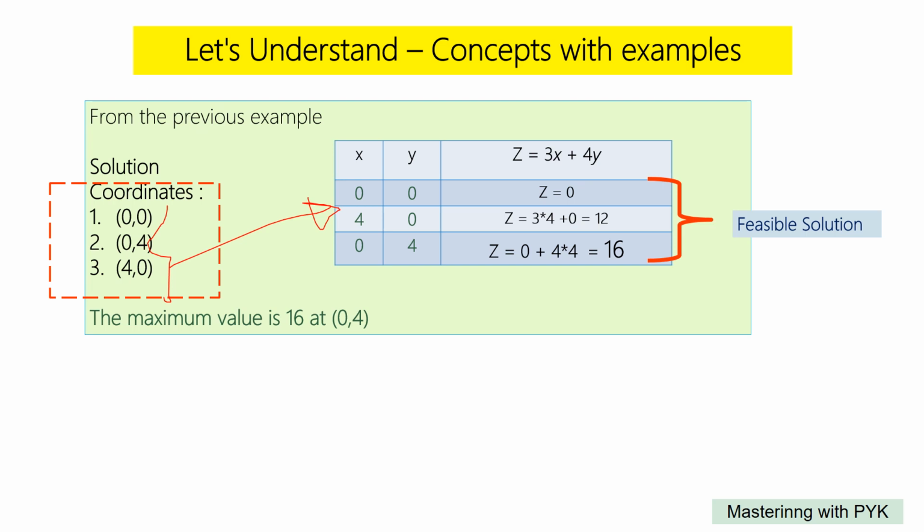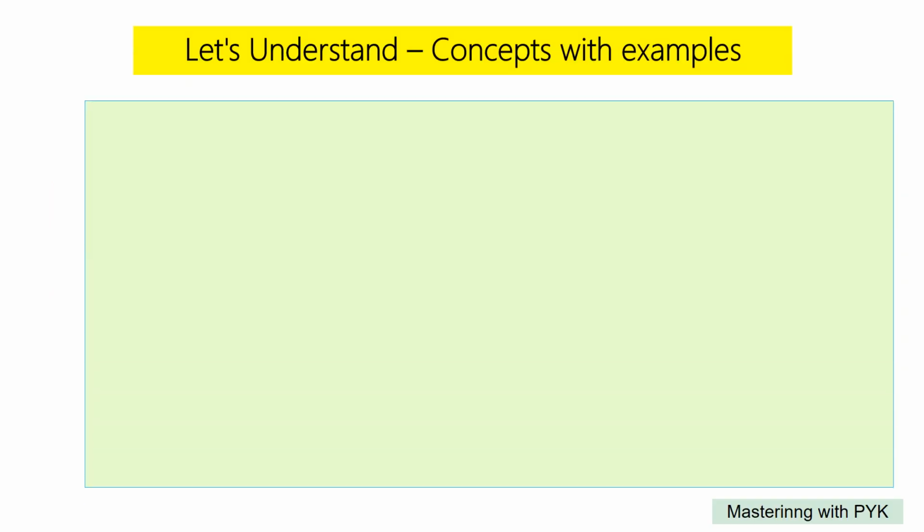Say it was maximum value, so it is 16 and the coordinates of the focus are 0, 4. This is known as optimum solution. Right? The solutions can be many. Feasible region would be arrived at, and then based on the feasible region, we will be having the optimum. Right?